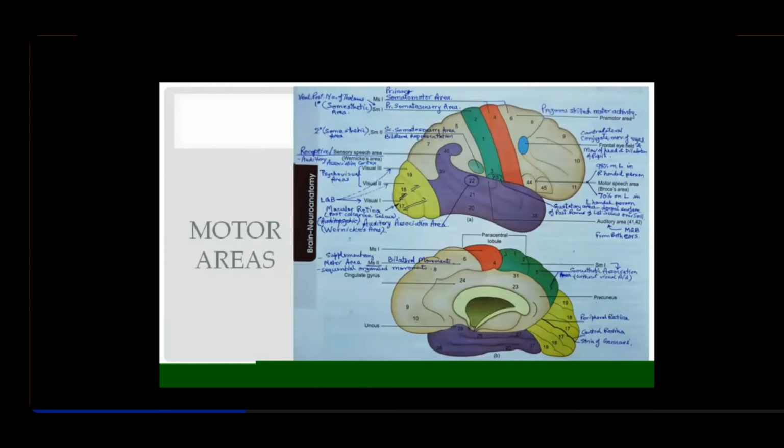When it gets stimulated, it causes conjugate movement of both eyes in the opposite direction. If you place an electrode or give a stimulus at this point, you will find that both eyes will be deviated to the opposite side in a conjugate manner.